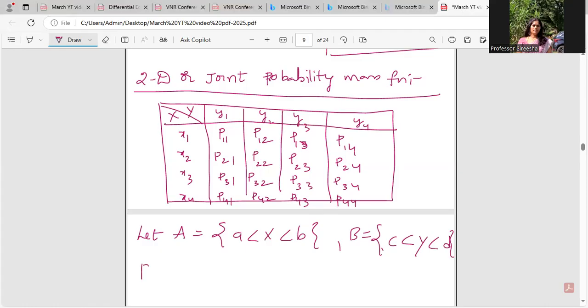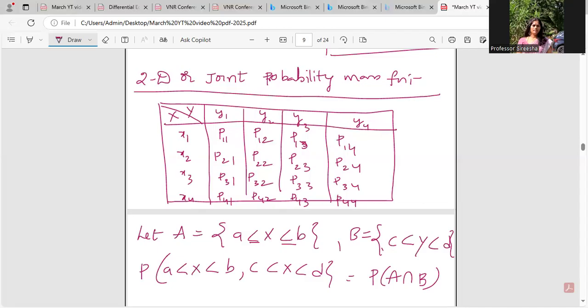Then if I have to calculate the probability of A less than X less than B and C less than Y less than D, it's just nothing but the intersection of the two events. That's how it's defined. Of course, if equal to is there anywhere, A also will be included. If equal to is there here, B also would be included.